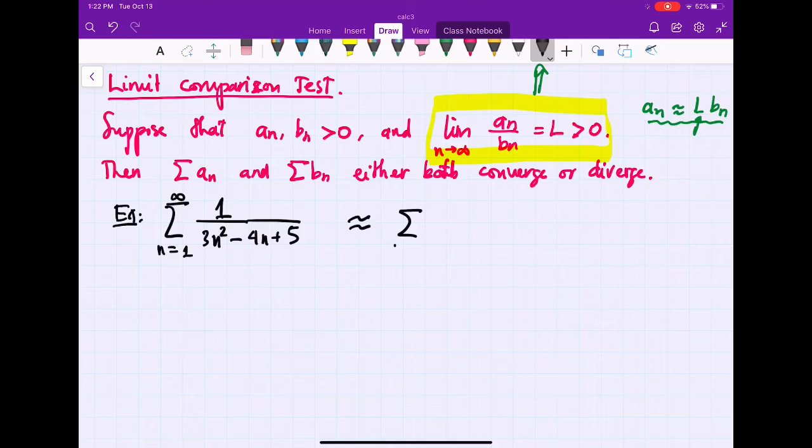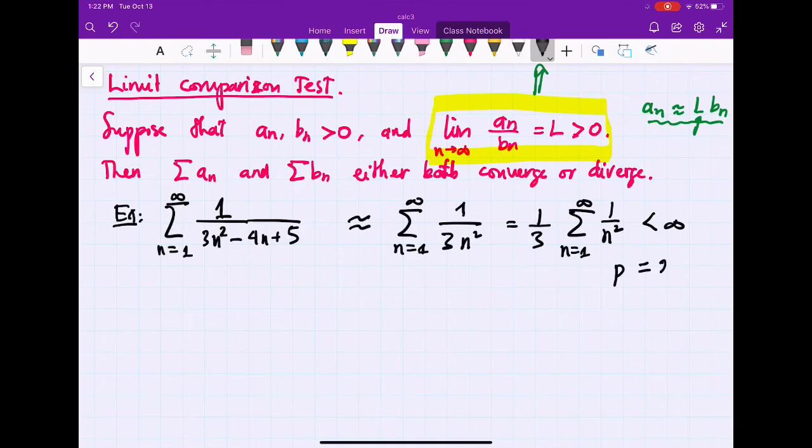By similarity, we pick the term with the highest degree, so 1 over 3n squared. These two series are similar, and that is nothing but 1/3 times the series of 1 over n squared, from 1 to infinity. And this is finite, this converges, because the p in this case equals 2, which is bigger than 1. P series, don't forget that. Then from here you see that this series also converges.